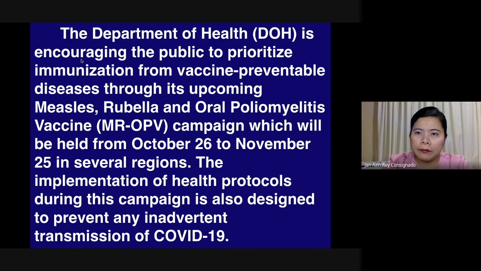The Department of Health, or DOH, is encouraging the public to prioritize immunization from vaccine preventable diseases through its upcoming measles, rubella, and oral poliomyelitis vaccine, or the MROPV campaign, which will be held from October 26 to November 25 in several regions. The implementation of health protocols during this campaign is also designed to prevent any inadvertent transmission of COVID 19.